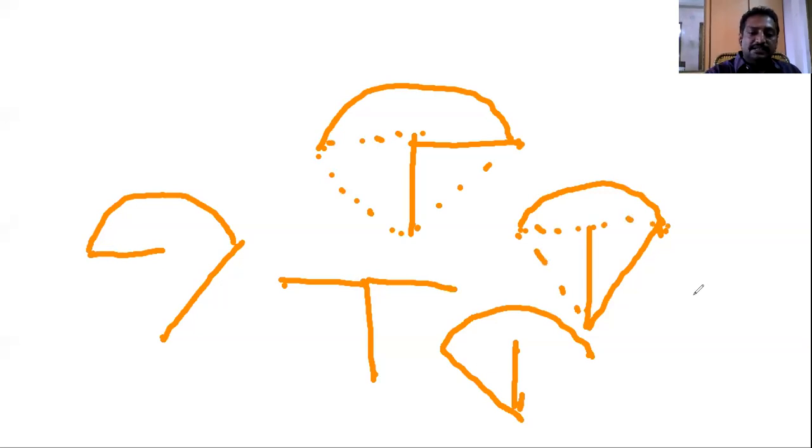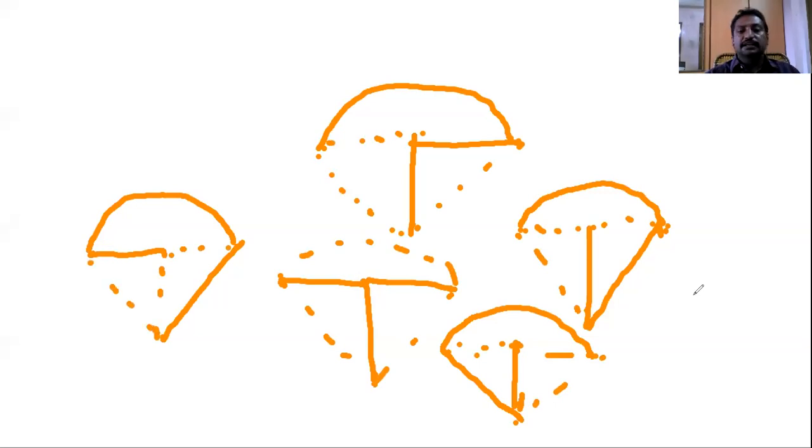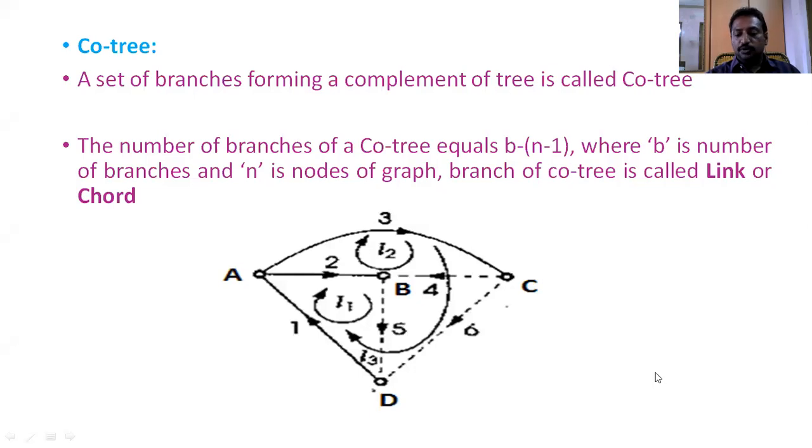These are the co-tree branches. 1, 2, and 3. So these are the co-tree branches. See here, what are the co-tree branches? So this is about the co-tree branches.